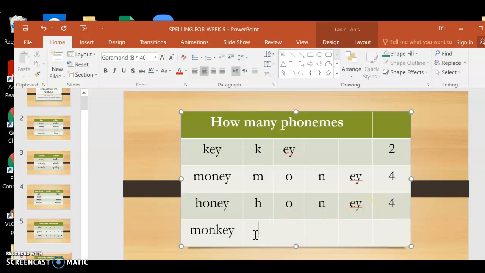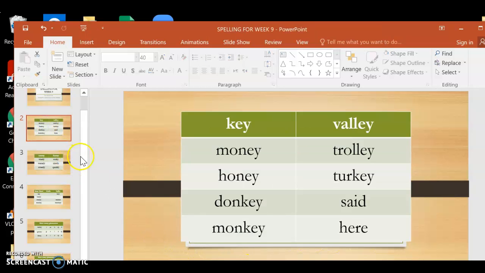Don't know if we're going to run out of room for monkey. Let's go. Monkey. M, u, n, k, e, y. Monkey. M, u, n, k, e. Monkey. 5 phonemes and 1 digraph. Okay, so they are our spelling words for the week.